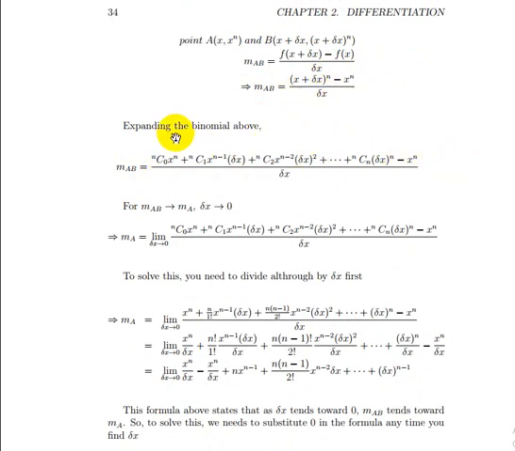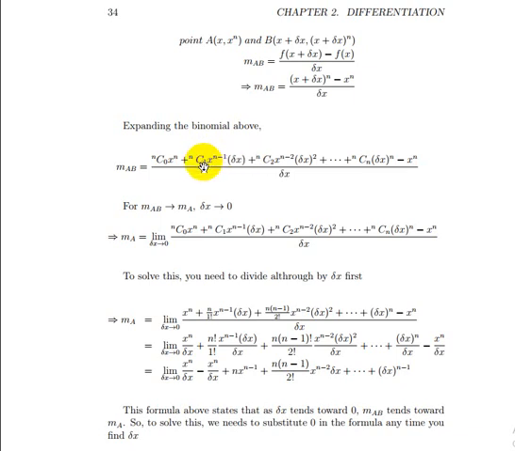In order to do the binomial expansion, I'll use combinations. The first element here is n combination 0 of x to the power n, and delta x is raised to the power 0, as we're going to see in combination and permutation in next chapters. Plus n combination 1 x to the power n minus 1 delta x.